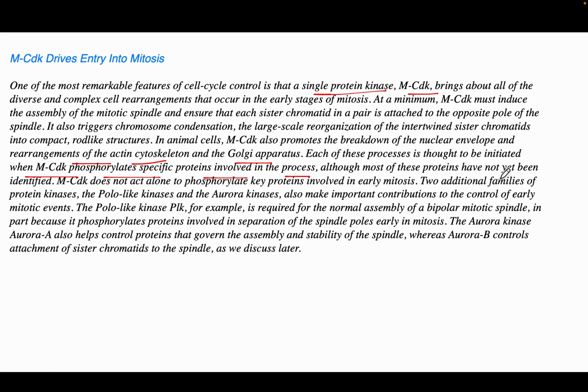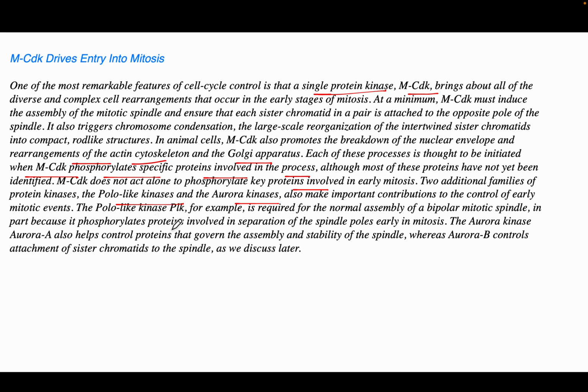Although most of these proteins have not yet been identified, MCDK does not act alone to phosphorylate key proteins involved in early mitosis. Two additional families of protein kinase, the polo-like kinase and aurora kinase, also make important contributions to the control of early mitotic events.